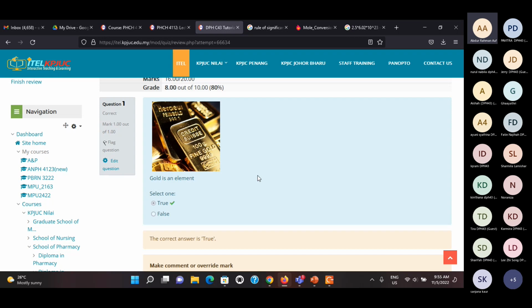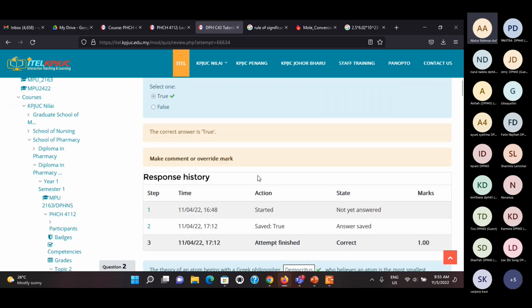Gold is not one atom, but it's made up of millions and millions of gold atoms. One kind of atom only. Okay, macam oxygen gas is made up of millions and millions of oxygen atoms. Just one kind of atom. So that is an element.